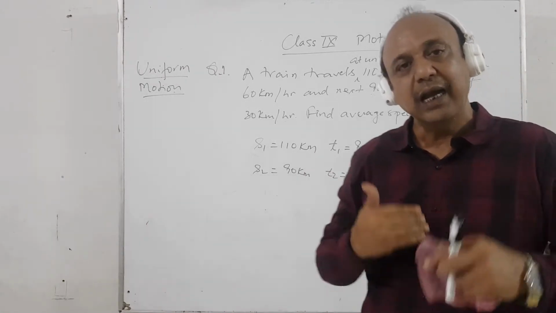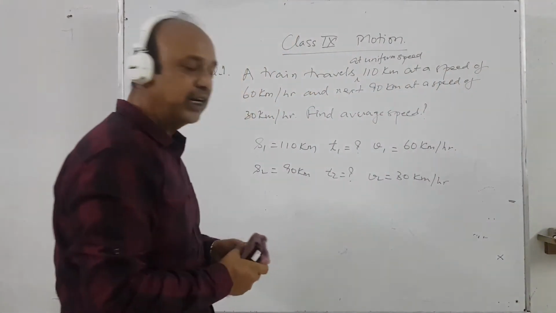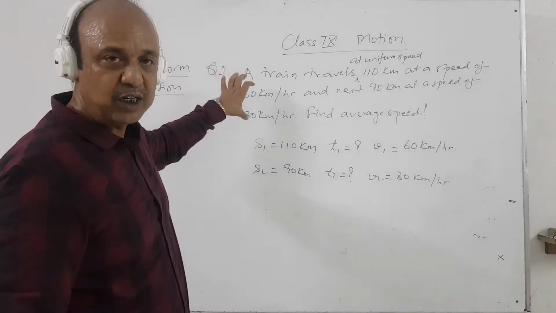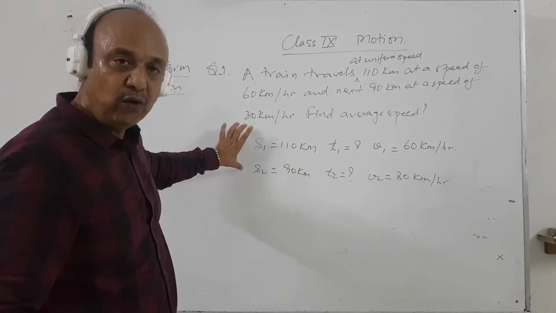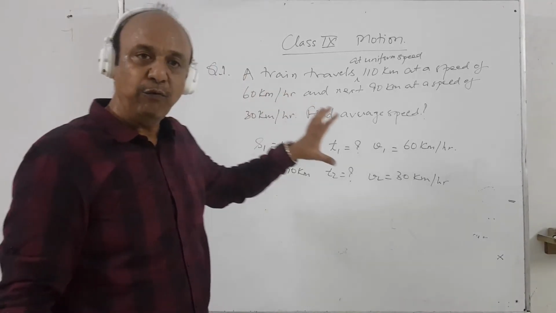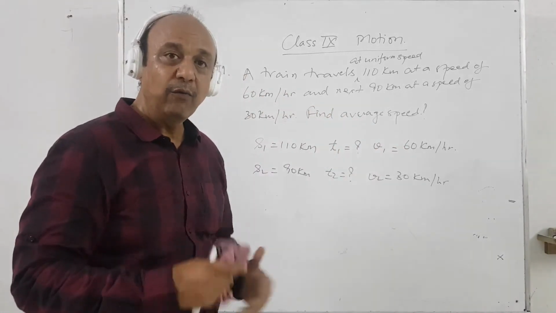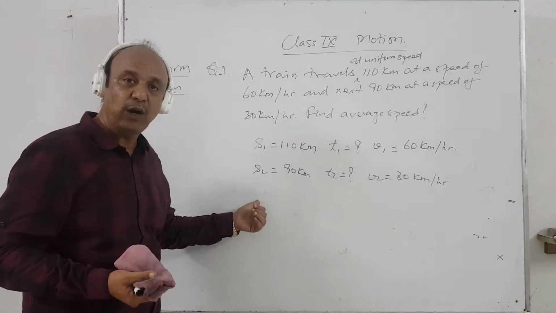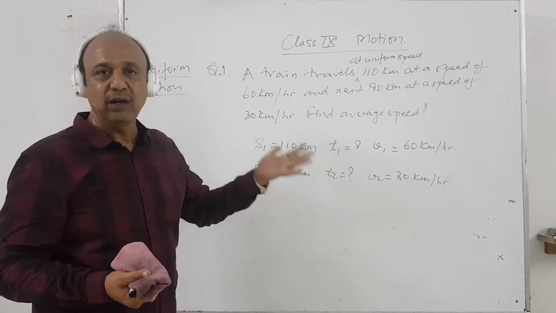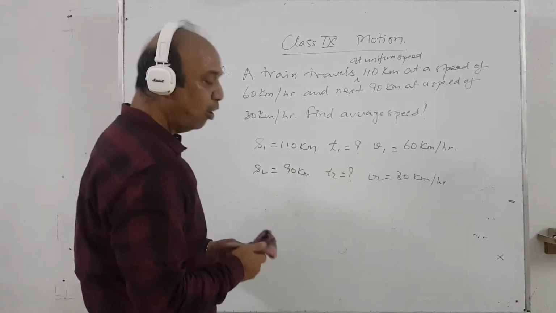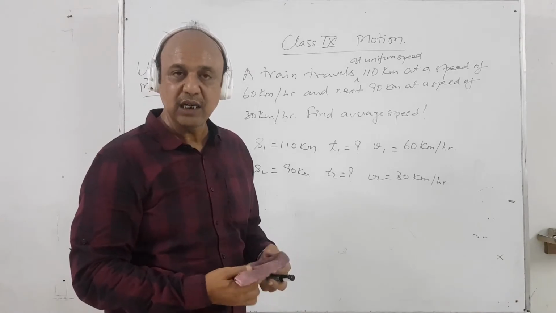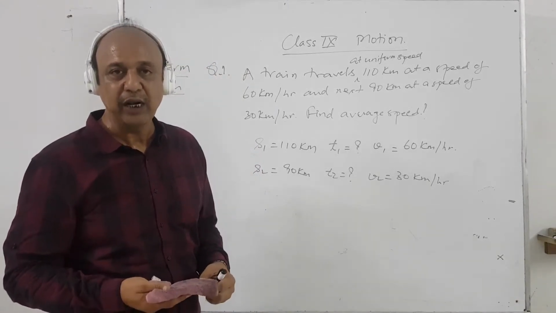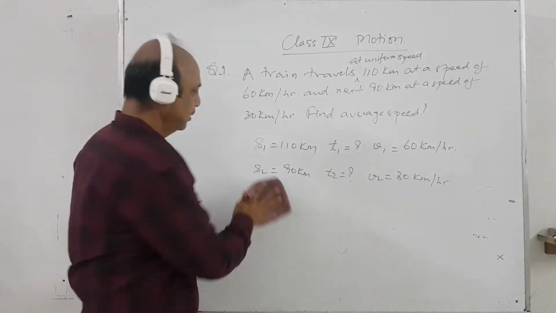That means I can manipulate this question in various ways. If I have 2 different speeds, I have to give you 6 data. I will give you 4 data. Which 4 data? That we have to see. Use the same formula, find out the total distance, the total time, divide them S upon T and we get the average speed.